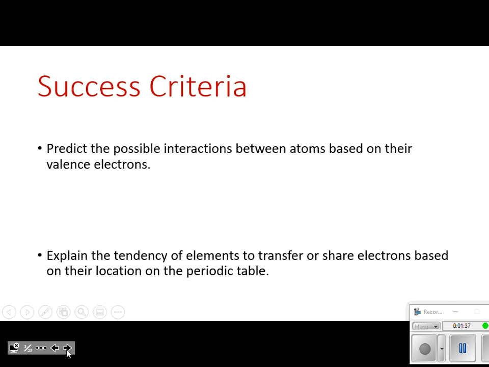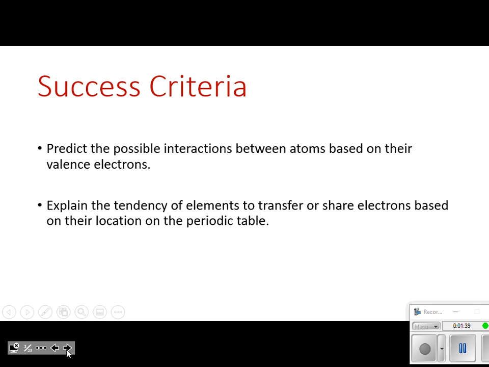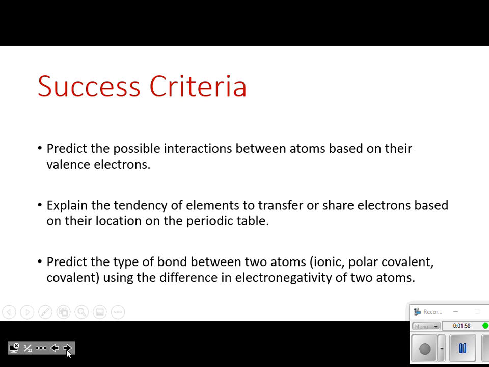What else? Well, explain the tendency of elements to either transfer or share their electrons. That's the whole idea with the different types of bonds. Either we're transferring electrons or we're sharing electrons. Transfer is ionic, sharing is covalent. Our third success criteria is what Brett was hitting on there.